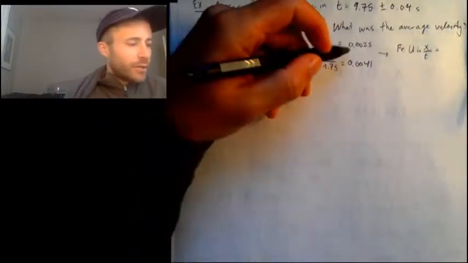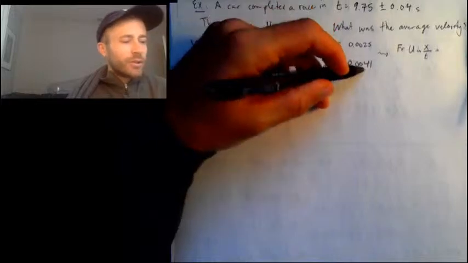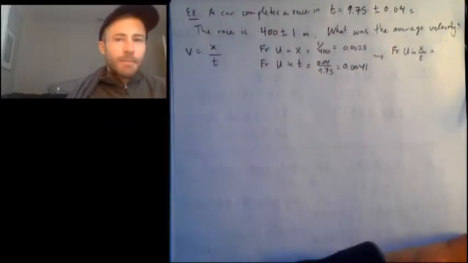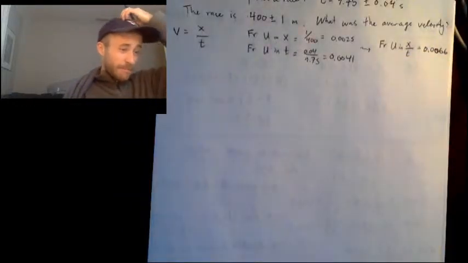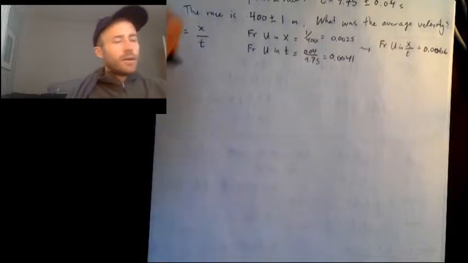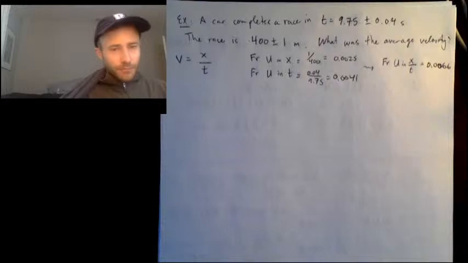So I add 0.0025 to 0.0041, and I get 0.0066. So we figure out what the fractional uncertainty is.